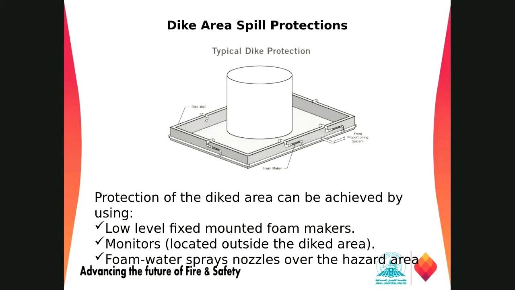It is for dike area fire protection, right? We need foam protection for these dike areas. Normally a dike area is bounded on all four sides so that we can limit the fuel spill from the tanks to that area only, and it does not go outside to other areas.